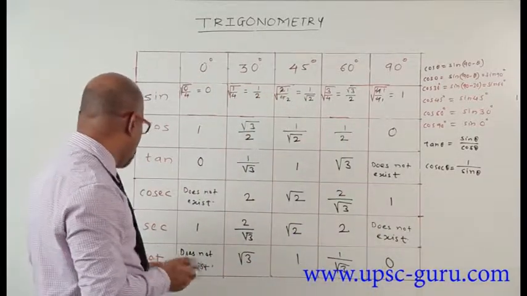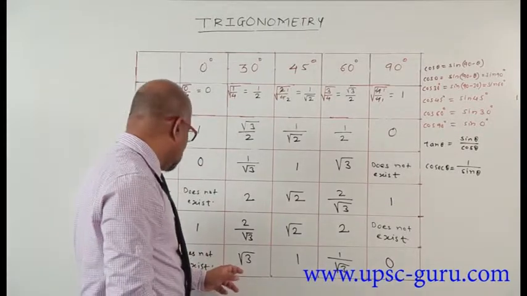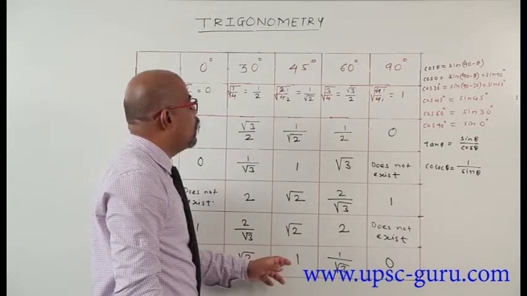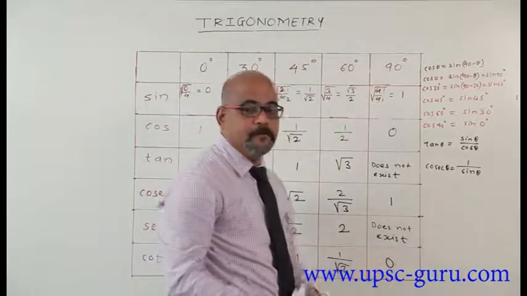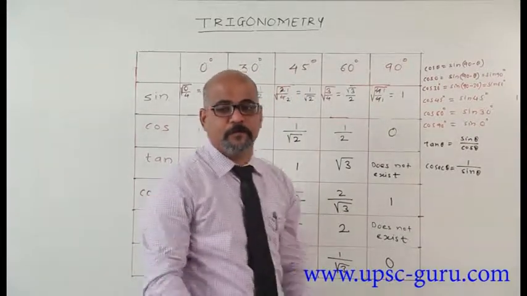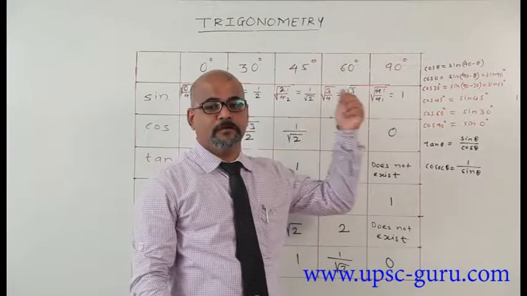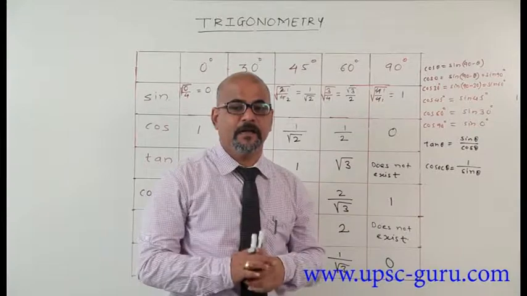Therefore value of cot 0 does not exist. Cot 30 is root 3, cot 45 is 1, cot 60 is 1 by root 3, and cot 90 is 0. These are all the values of trigonometric ratios from 0 to 90 degree, that is 0 degree, 30 degree, 45 degree, 60 degree and 90 degree.